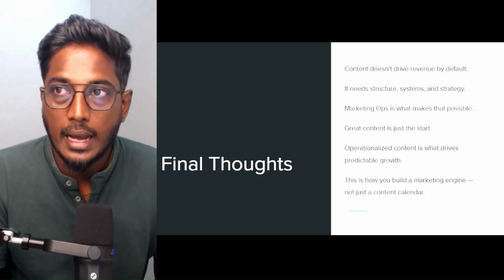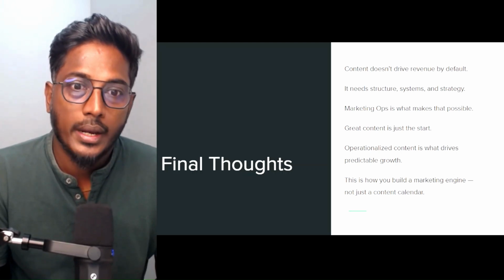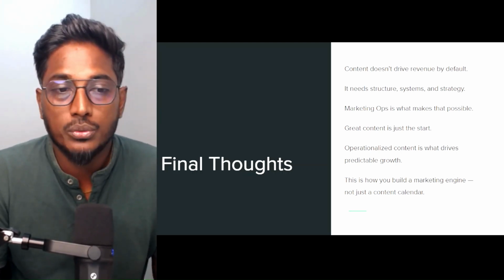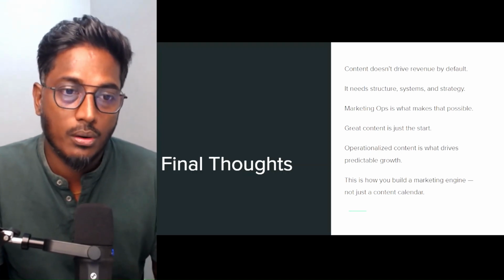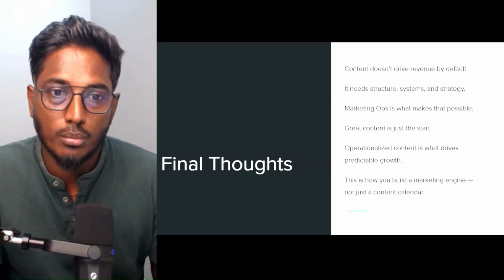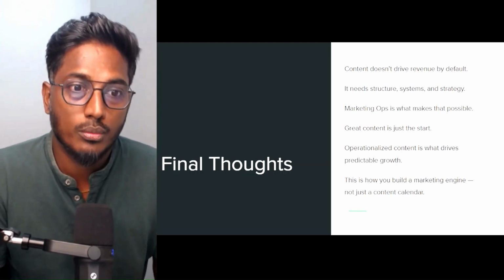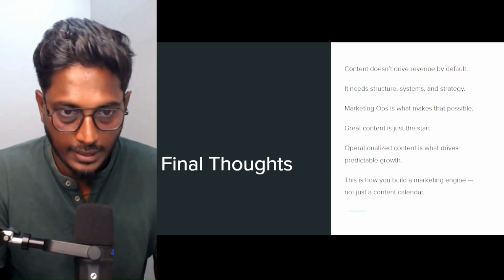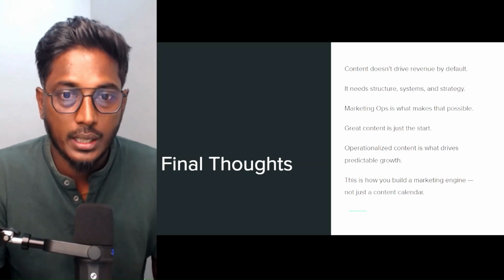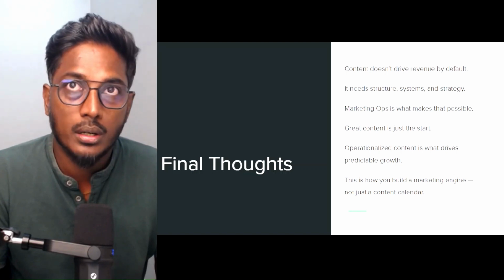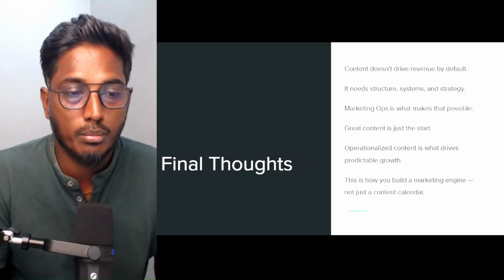It happens by activating with precision. It happens by measuring the clarity of that content's purpose. So the teams that get that right are not the ones producing more content, but the ones whose content moves across the pipeline, because it's mapped, it's operationalized, it's sustainable, and it's built into the way that they go to market.